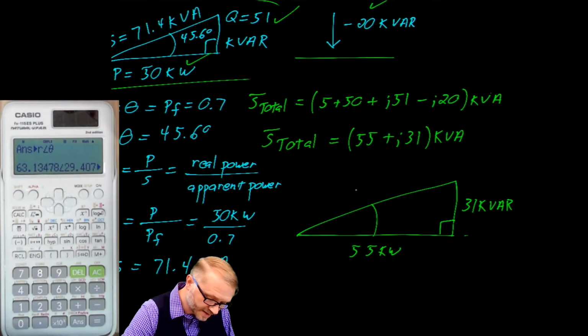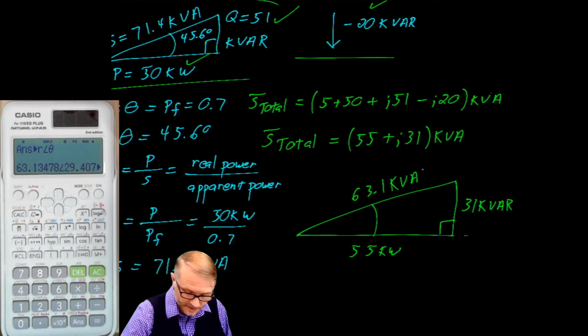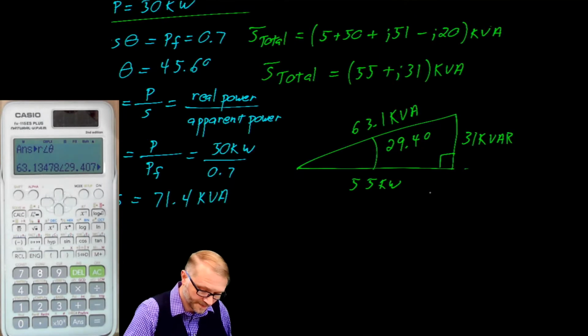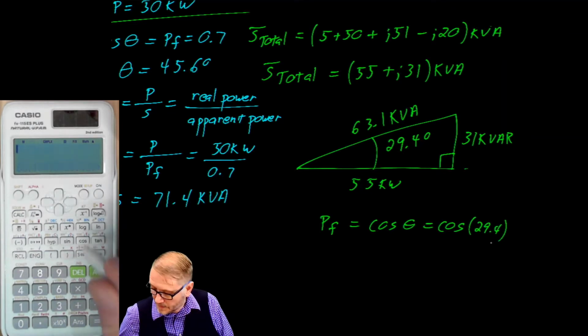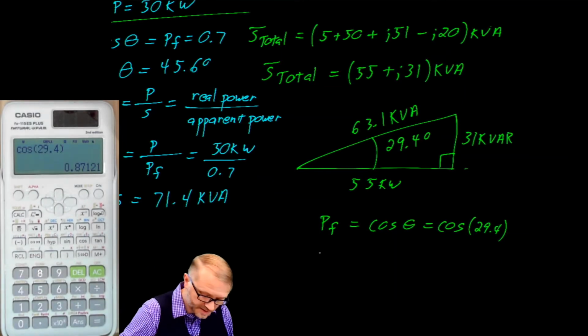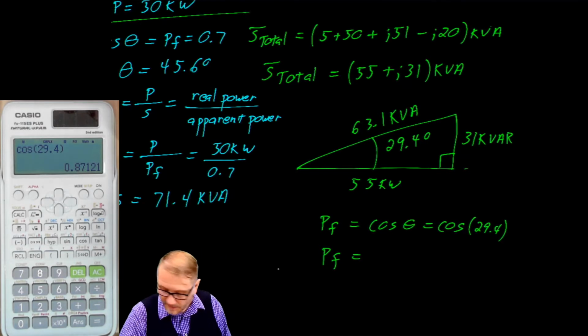That tells us that it is 63.1 kVA at an angle of 29.4 degrees. The power factor for the entire factory is cosine theta, which in this case is cosine of 29.4. So cosine 29.4 gives us a total factory power factor of 87%.